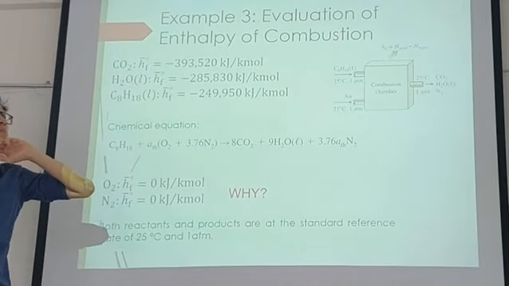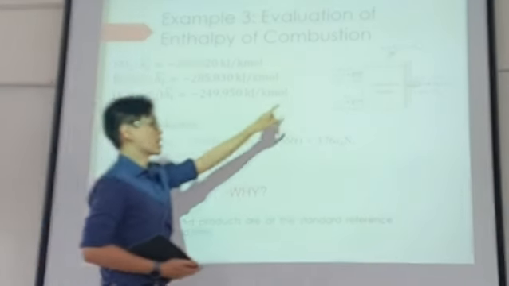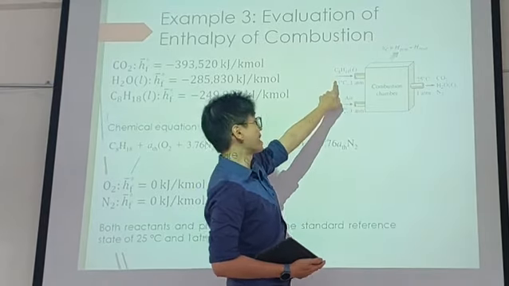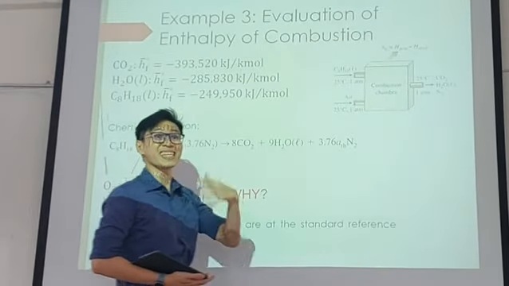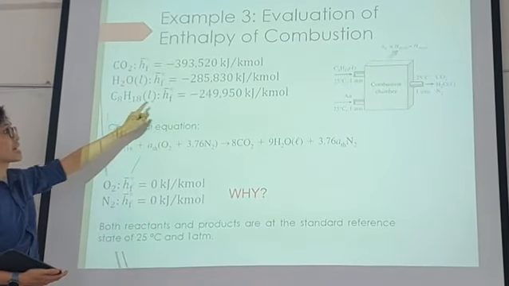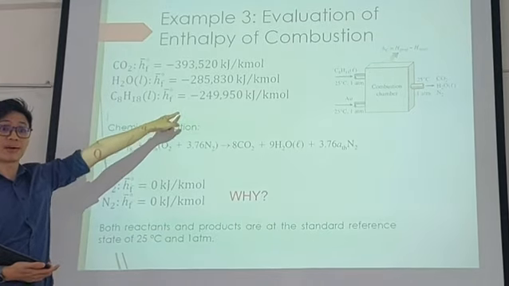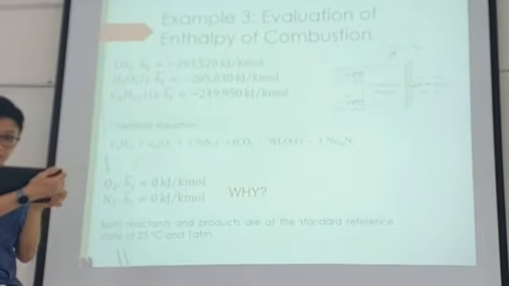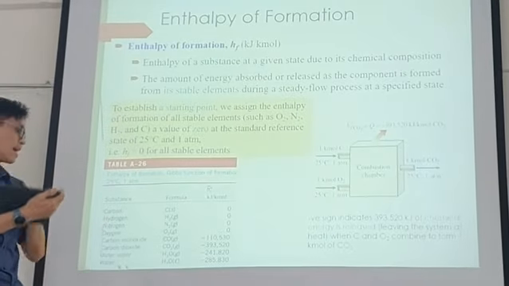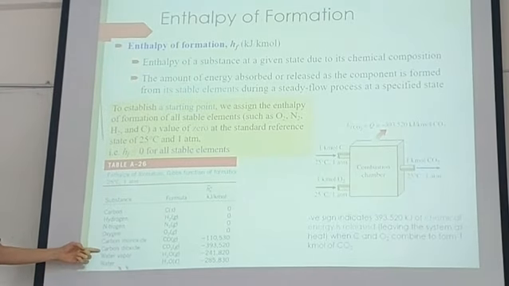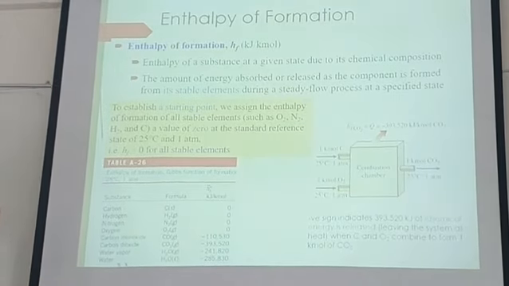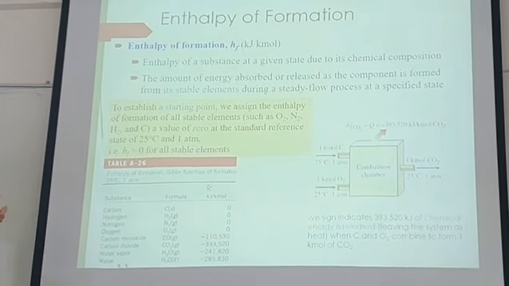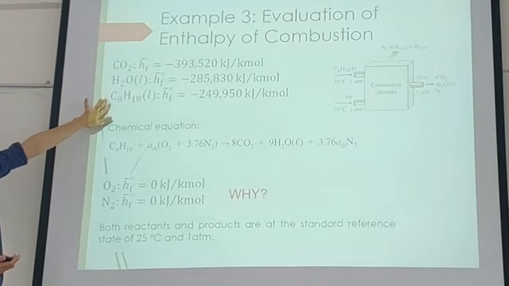And of course, this time, since your reactant is C8H18, not C like just now, C8H18 has its own enthalpy of formation as well. Okay, so if you go to table A26, actually I don't know whether this one has an example here. Yeah, here we only have CO2 and H2O, we don't really have the C8H18, so no choice. So you will get this value from the table.